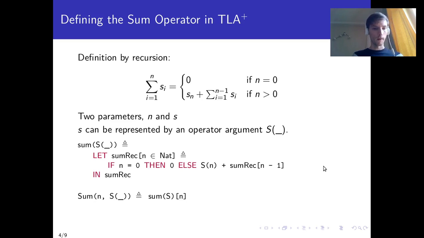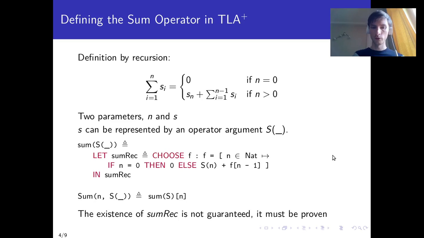Now, another issue with this definition is that when a recursive function is defined like this, it's actually a CHOOSE expression behind the scenes. So sumrec must be read as some function f, such that f is a function on Nat that matches the recursive definition, if it exists.